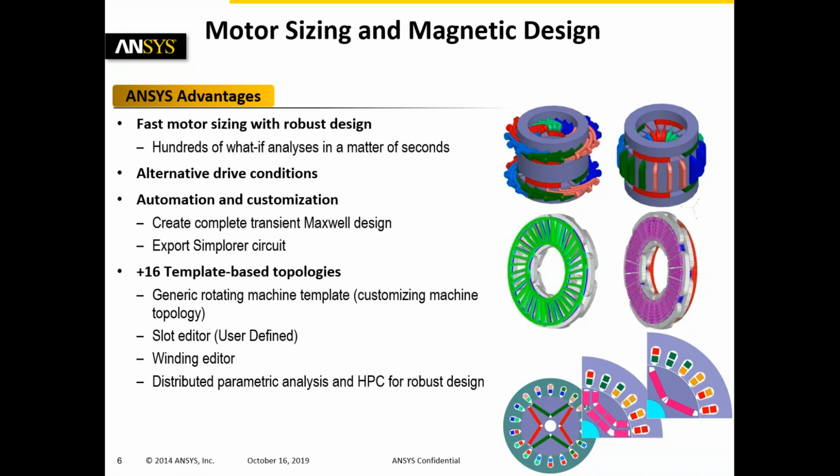So the benefits of ANSYS motor solutions would be, firstly, fast motor sizing with robust design, meaning there are hundreds of what-if analyses you can do in a matter of seconds. Other benefits would be alternative drive conditions, automation, and customization, which is what I've been mentioning all along during the presentation.